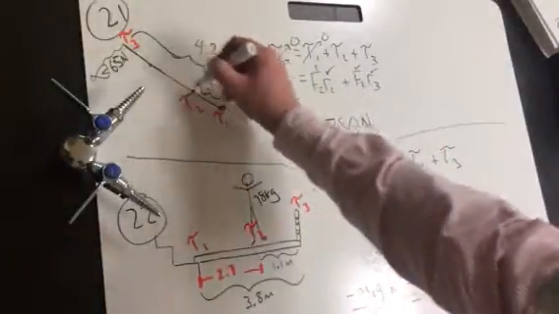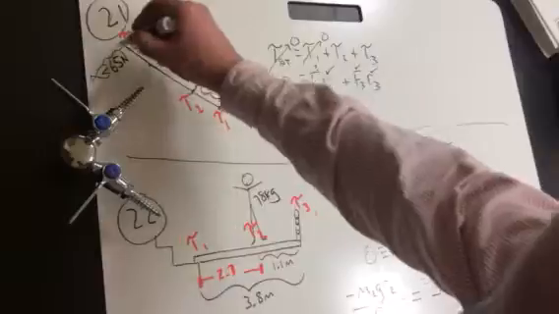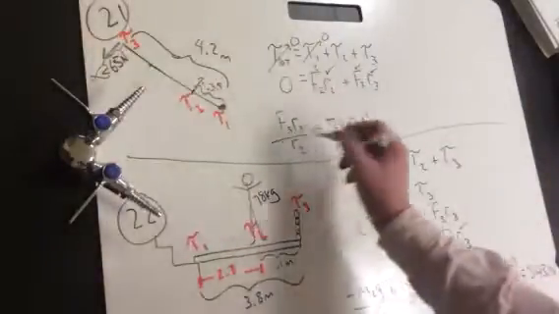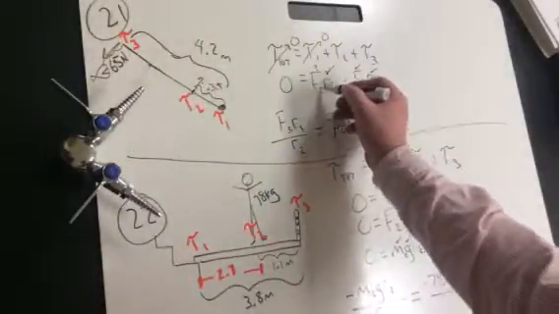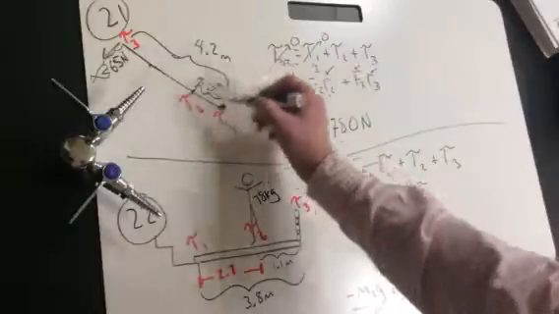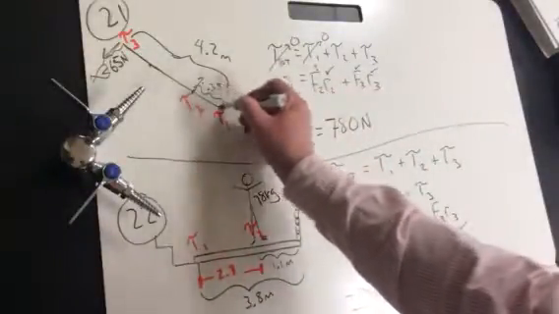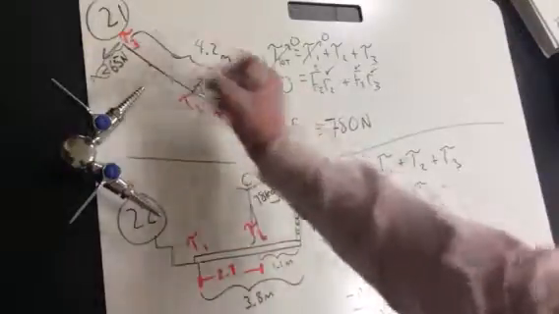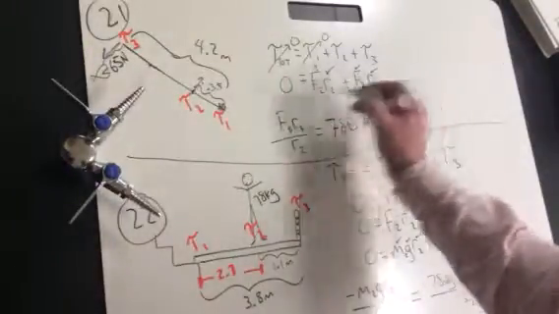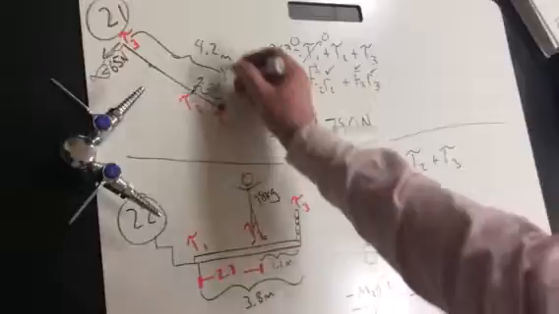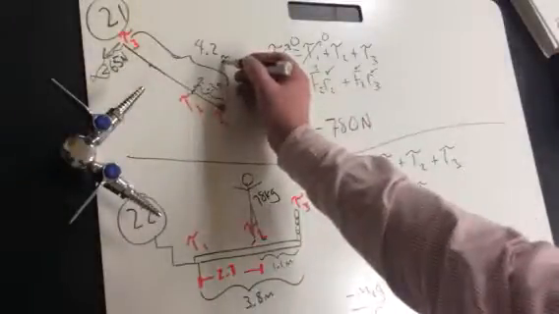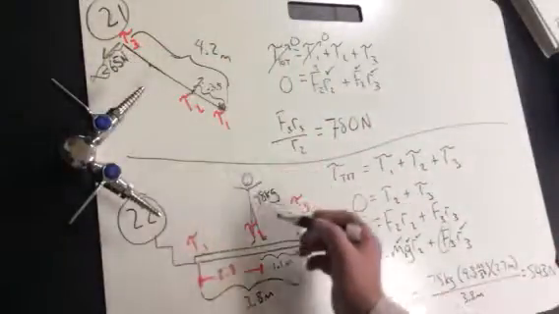Your hands are pulling up this way. This fish is pushing down this way. We don't know how hard you have to pull up. We don't know what this force is, but we do know its radius is 0.35 meters from the pivot point, not from the tip of the rod. And then force 3, radius 3, here's the radius 3, 4.2 meters, and the force 3 is 65 newtons.